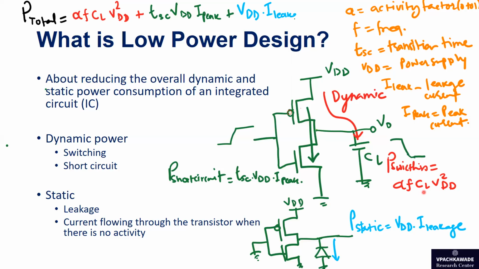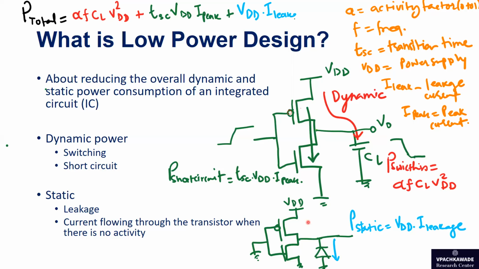Your capacitive load should be low. If you don't have a high speed circuit, then you have lower power consumption. But nowadays we have very fast processors in the gigahertz range, so obviously the frequency is a matter of concern, because with increasing frequency your power goes up.